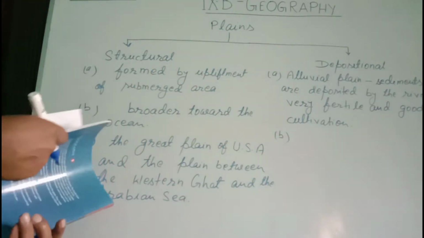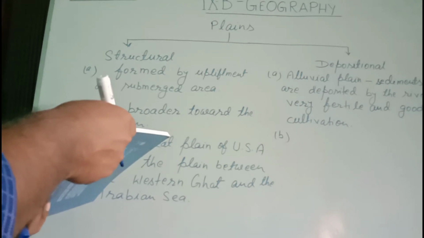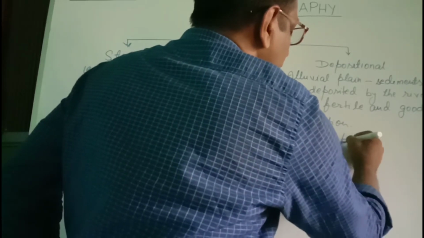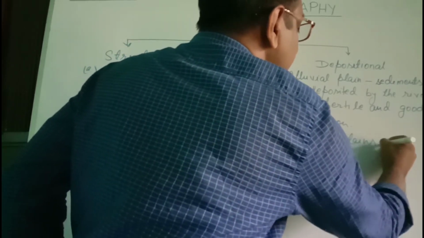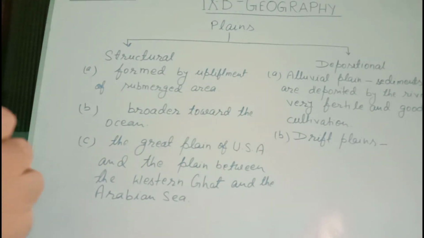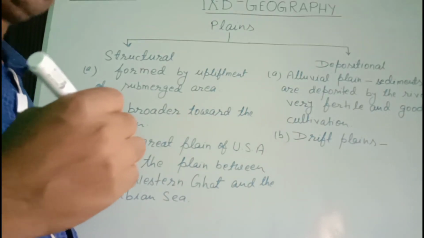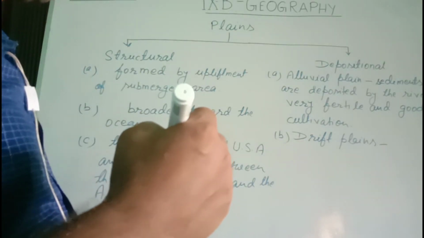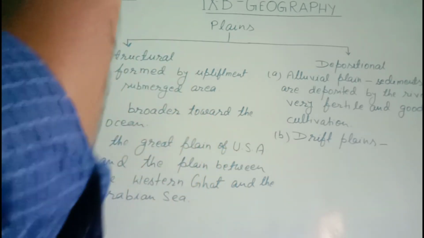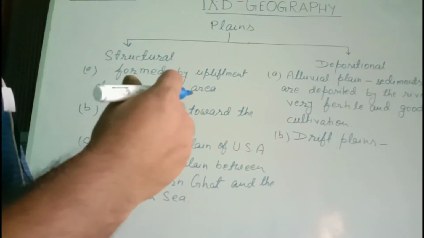Second type of plain is drift plains. These plains are formed by the deposition of sediments those are brought by the glaciers. So in this, the agent is glacier.